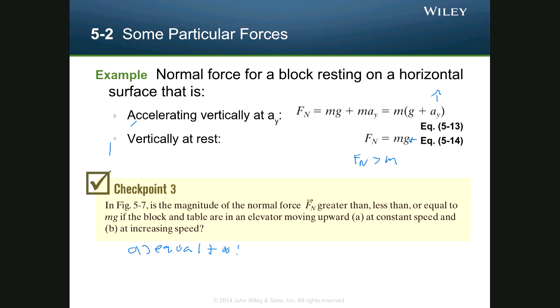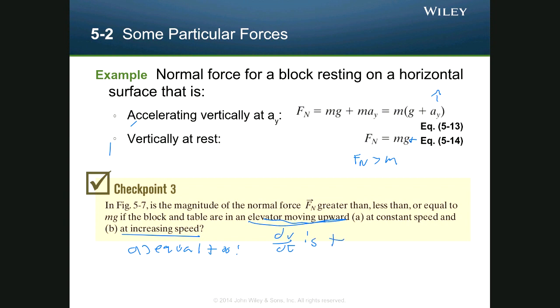Yes. And that's given from, let me write it here. So if you look at here, the elevator is moving upward, right? And we're looking at part B. So at increasing speed. That means that as time goes on, v gets bigger. That means dv/dt is positive, right?